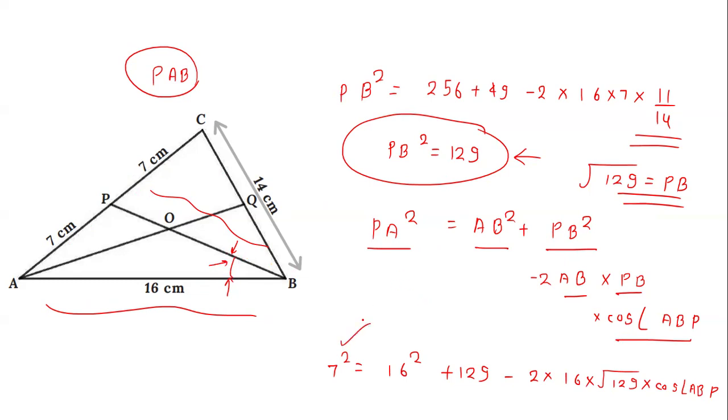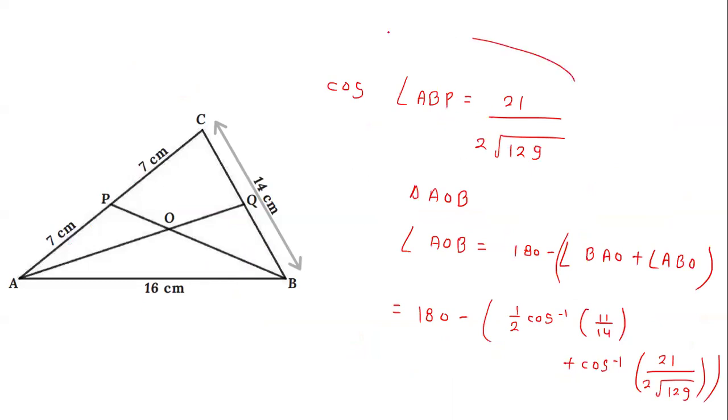We know PA length is 7, so it will become 7 square. This is 16 square. This square is 129. We just calculated this. 2 times 16 into root 129, and we don't know this angle. So we can calculate this angle from here, and it will come like 21 by 2 times root of 129. This angle will come like this.